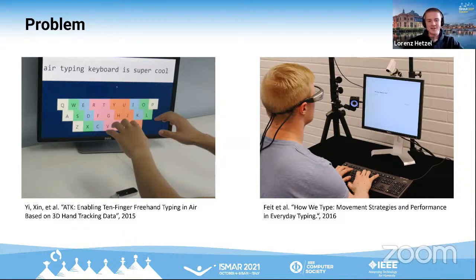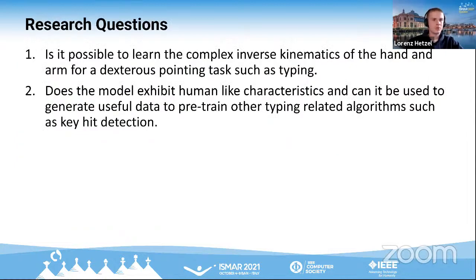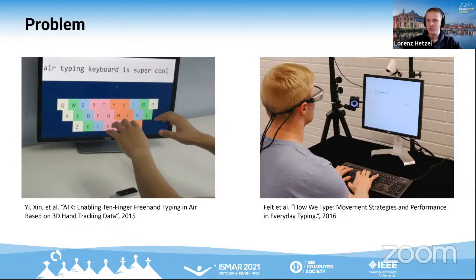Of course, the idea of having a user model is about as old as HCI itself, but existing models are often highly specific to a particular interaction task.